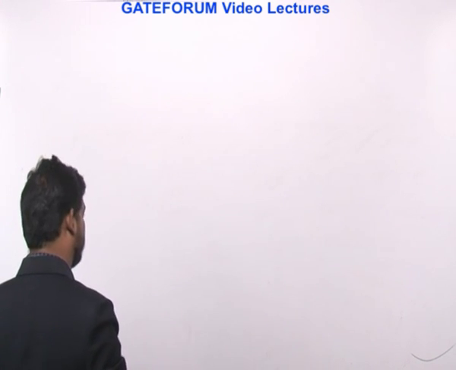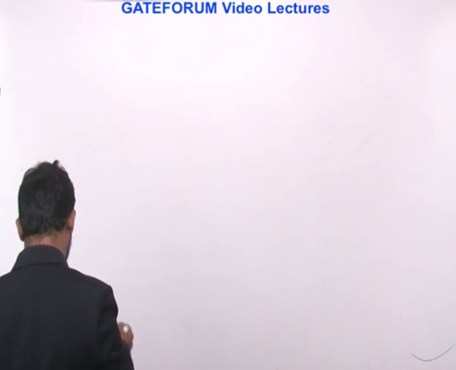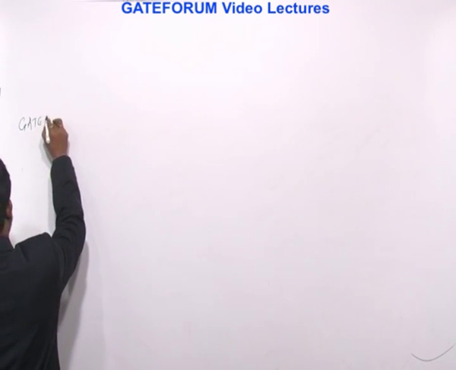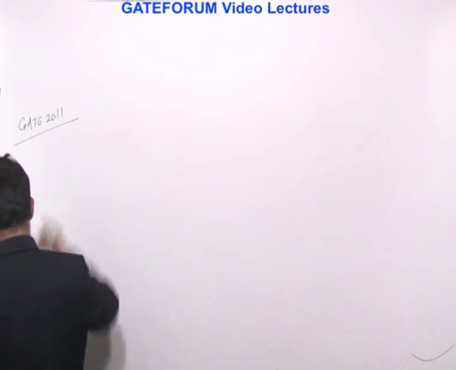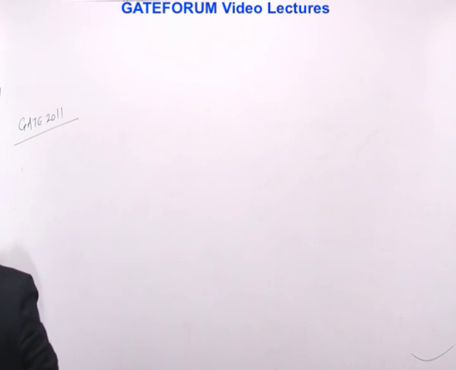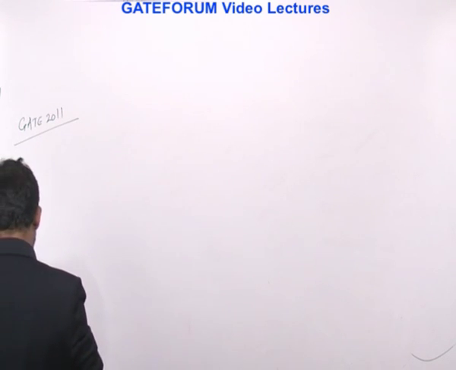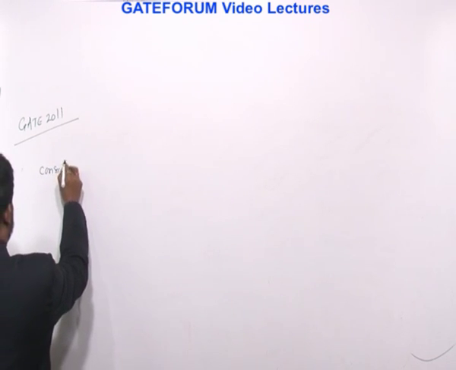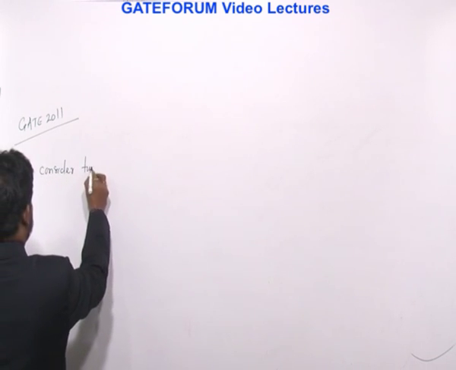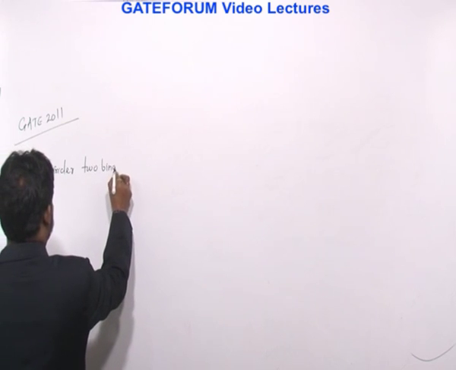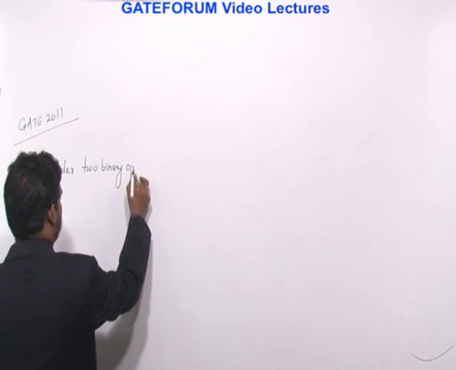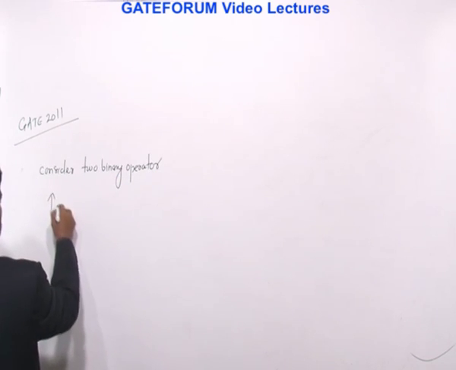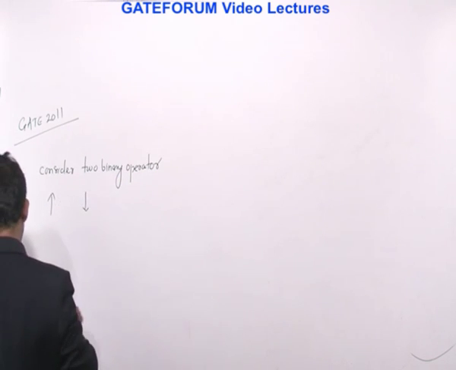Look at this problem, 2011. It's a very good question. GATE 2011. The question summarizes in this way: consider two binary operators, up arrow and down arrow.